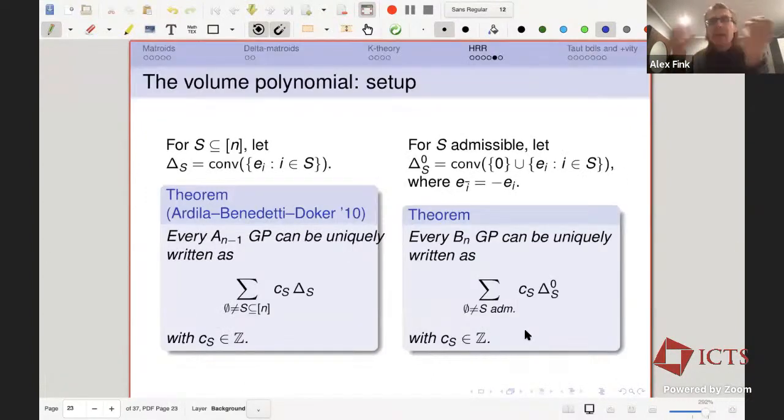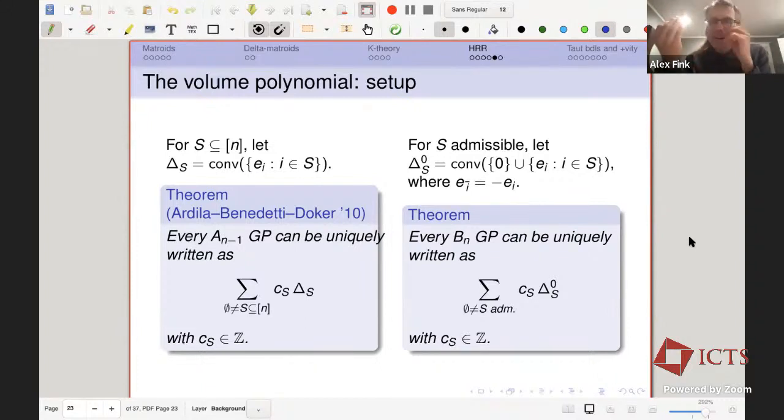Okay, what can we do with this apparatus? Well, I wanted to show off one result that we can get, which is to compute the volume polynomial for our toric varieties. So we have these two toric varieties, the type A Coxeter arrangement fan and the type B Coxeter arrangement fan. And we'd like to write down the volume polynomial, a polynomial that answers the question: given a collection of divisors, what is the intersection product of all these divisors?